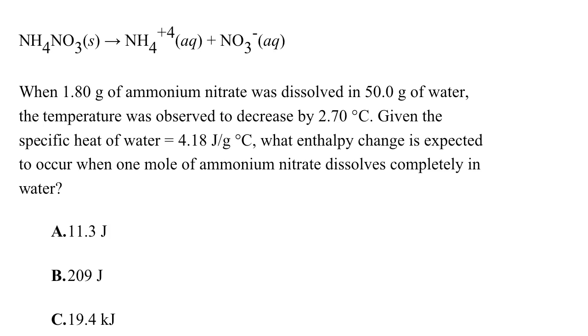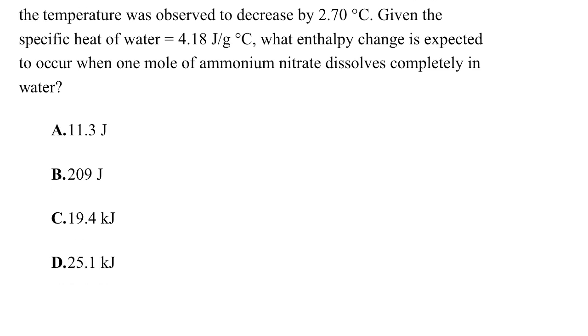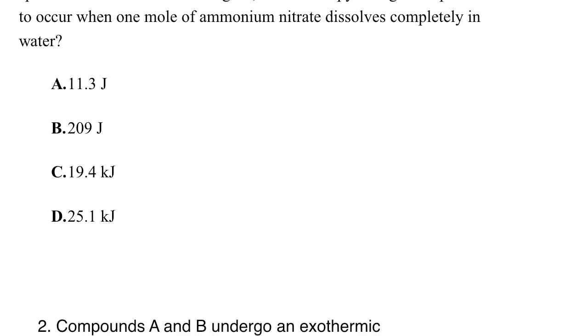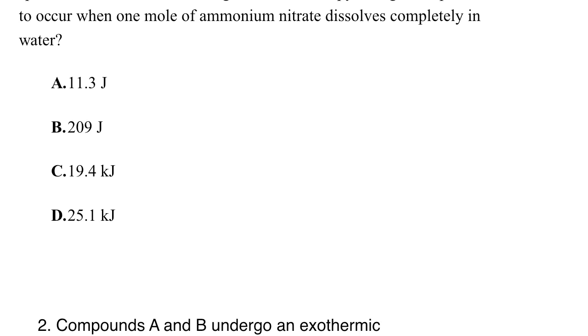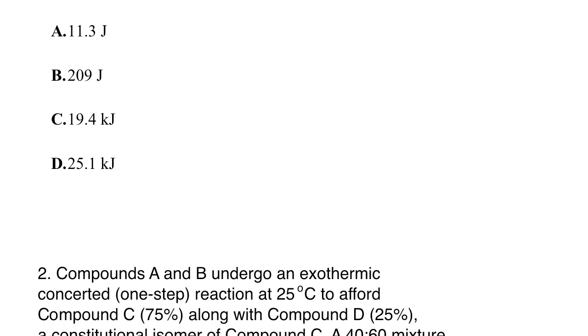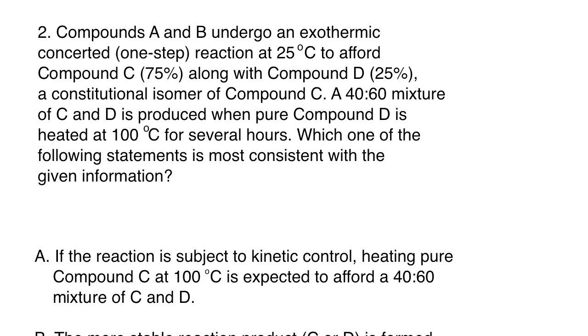Given the specific heat of water is 4.18 joules per gram Celsius, what enthalpy change is expected to occur when 1 mole of ammonium nitrate dissolves completely in water? Okay, and then right here you have your options: 11.3 joules, 209 joules, 19.4 kilojoules. Notice the difference between the joules and kilojoules when you're picking out your option here. And 25.1 kilojoules.